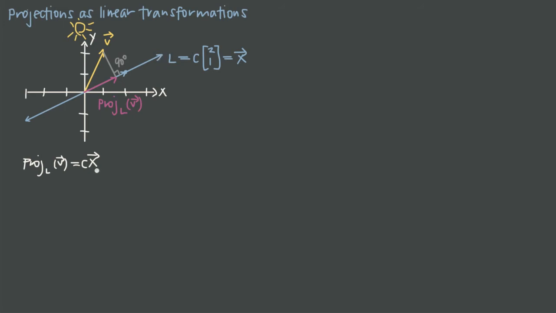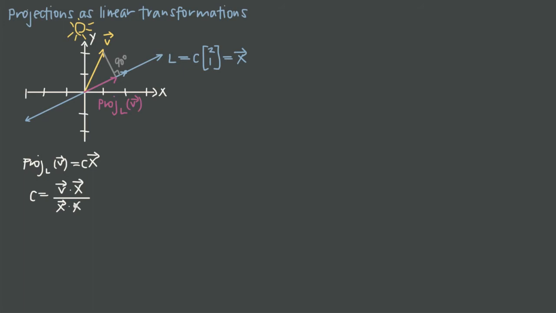Now, as it turns out, if we do some manipulation here, we can actually prove that this value C is equal to the dot product of the vector V, the one that we are projecting here, and the vector X, the one that we use to define the line L, divided by X dotted with itself.